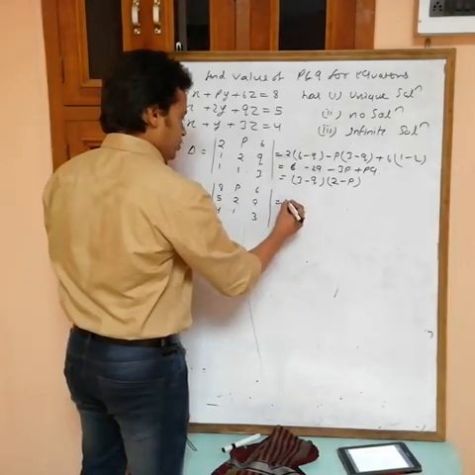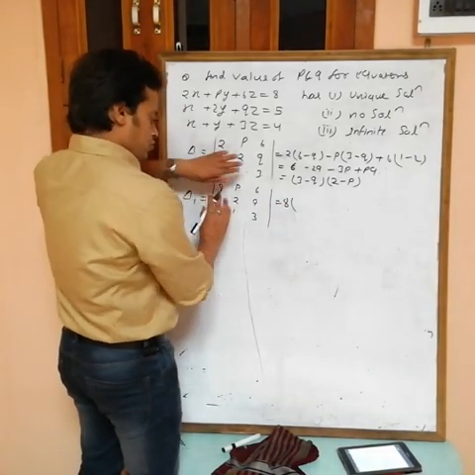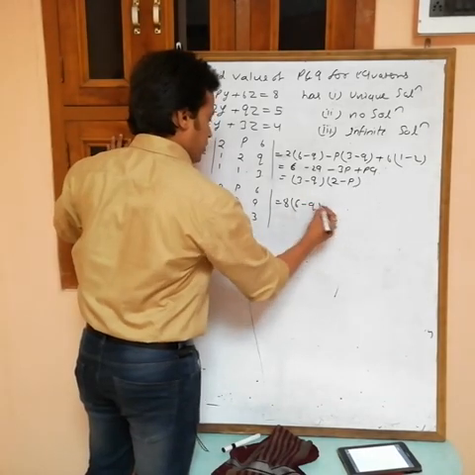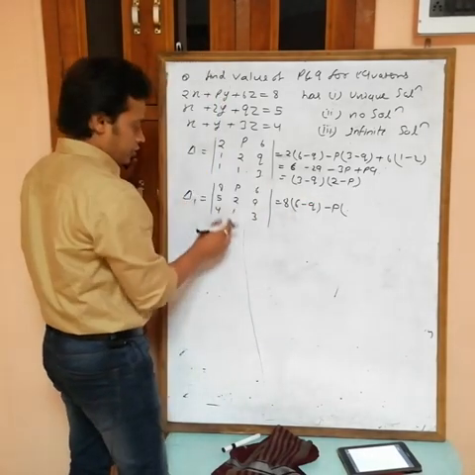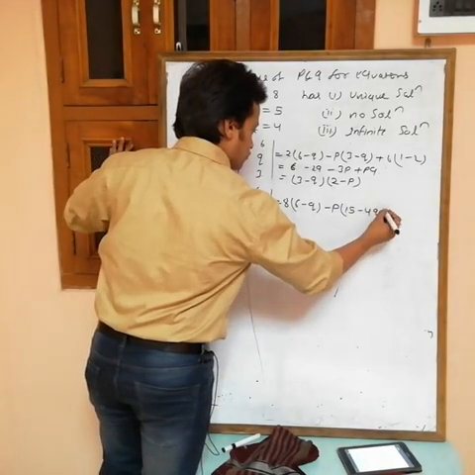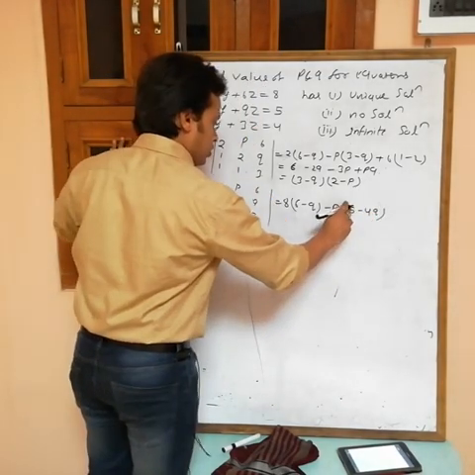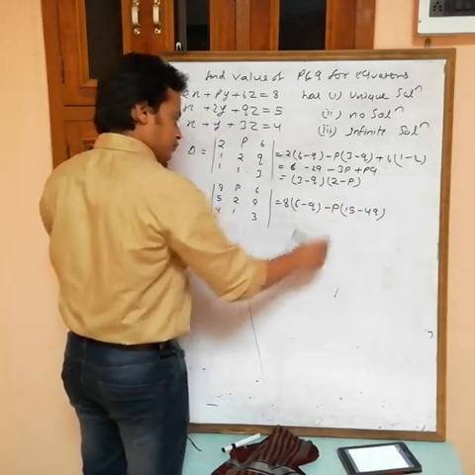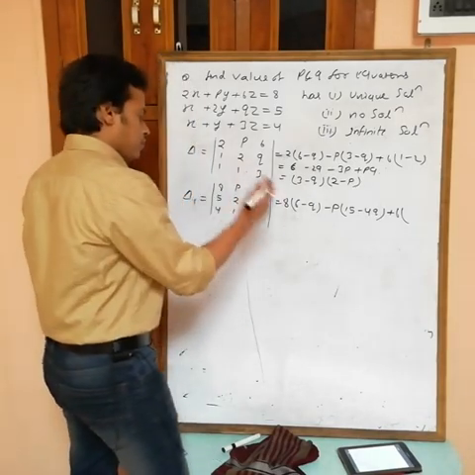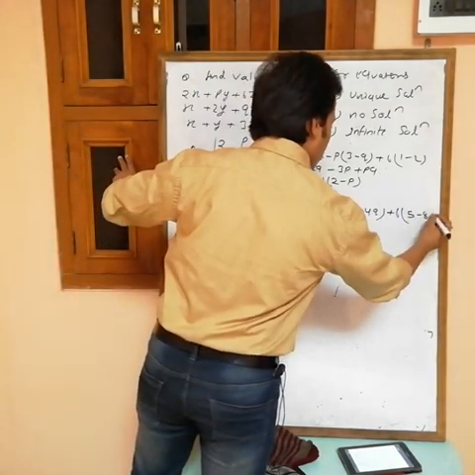Now again expand with respect to the first row: 8 times 6 minus q, then minus p, hiding the corresponding row and column, 15 minus 4q, and after that plus 6 into 5 minus 8.